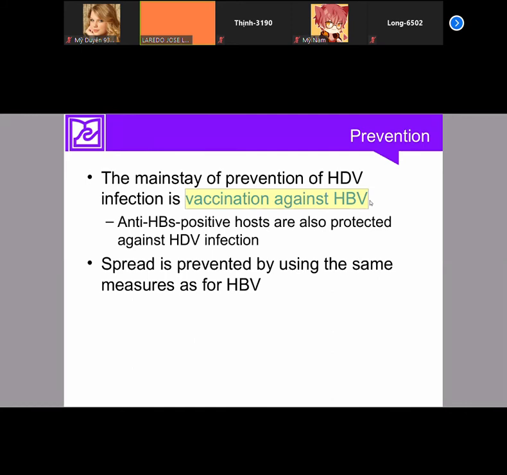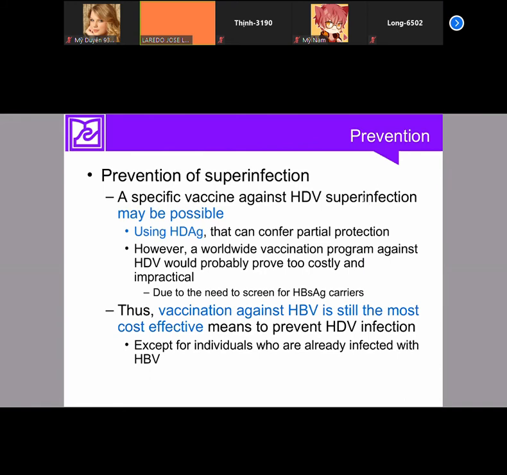However, we don't have any vaccine to prevent superinfection. That is the problem. These patients are infected already by hepatitis B virus, so the vaccine against hepatitis B virus in these patients is useless.